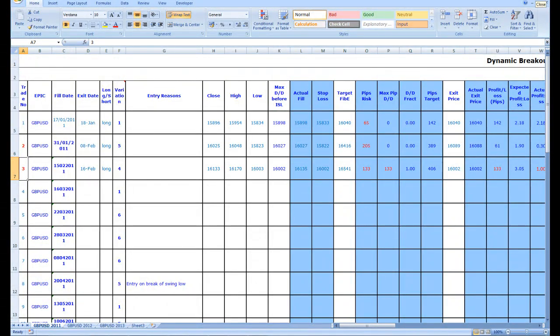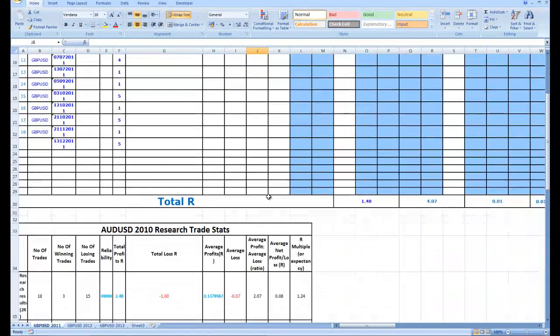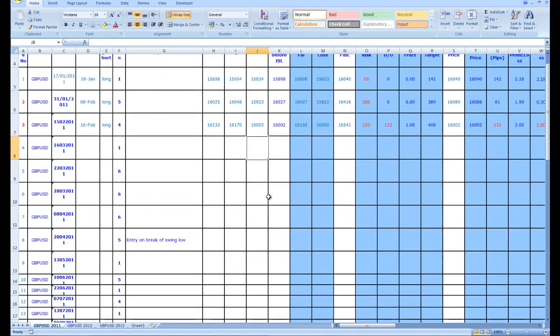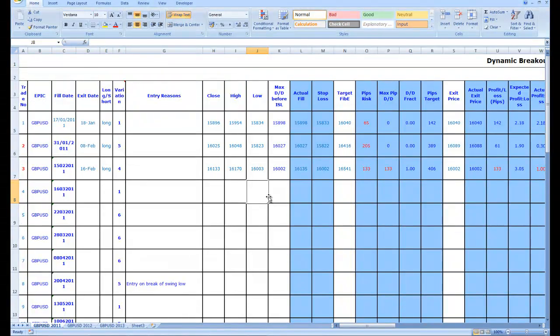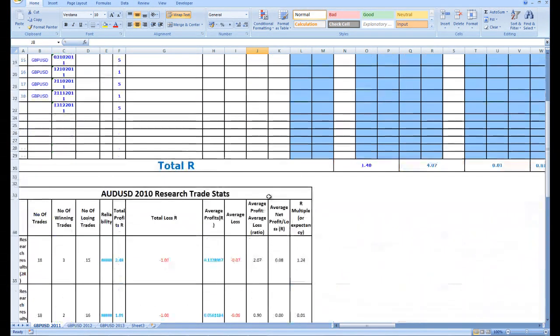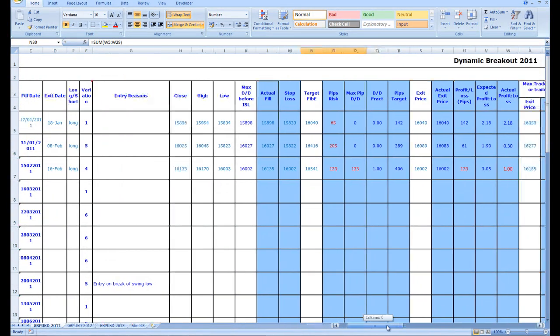Let me show you where all these things are right now. 1.48%. Oops, this goes down. 5.